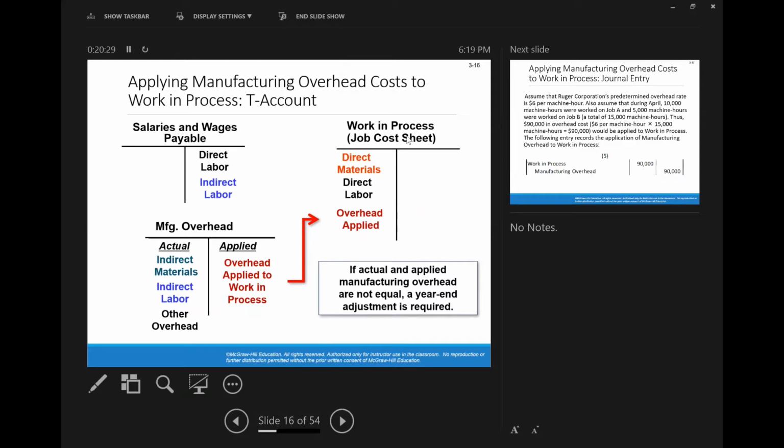It's going to pull over the manufacturing overhead based on what activity base we set up. So we're going to do an entry to put manufacturing overhead estimate into the work in process for the job, and we're going to credit manufacturing overhead. And at the end of the year, we're going to look to see, okay, what was actually our manufacturing overhead, and then how much did we estimate? Are we over or under? And then we have to deal with that over or under because you have to clear it out.